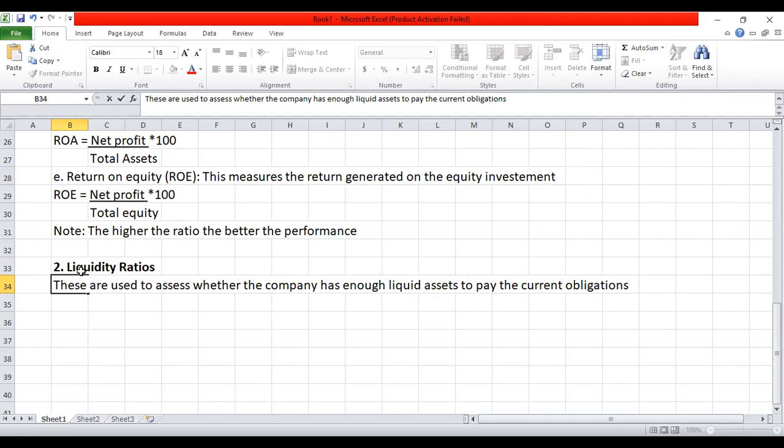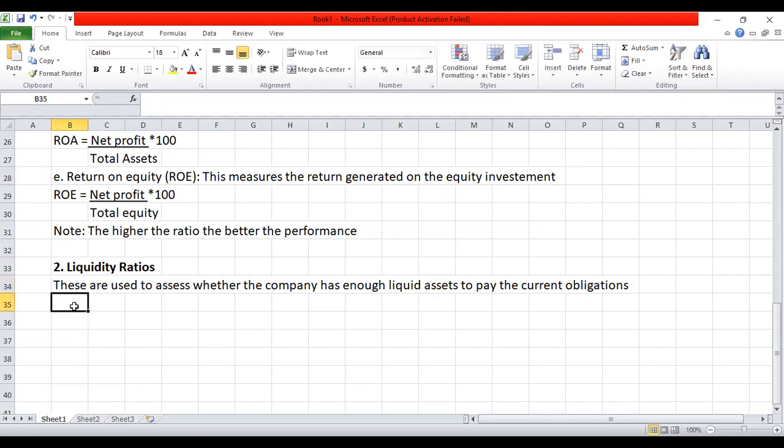So what you are doing here, you are comparing your liquid assets, those assets that can be liquidated easily, and then you look at the current obligations. Do you have those assets to be able to pay those obligations?